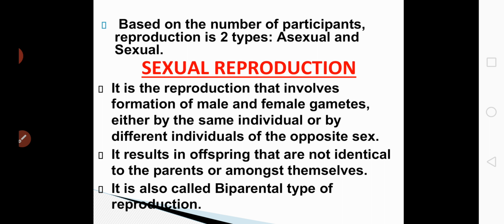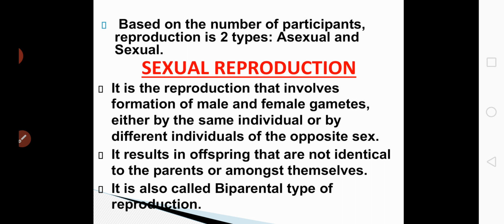Okay, so asexual means it involves a single parent, and because of that nature, asexual reproduction is called uniparental mode of reproduction, whereas sexual means it involves two parents, hence it is called biparental type of reproduction. Am I clear? So this is about the definition.